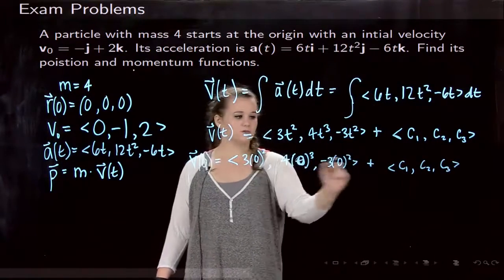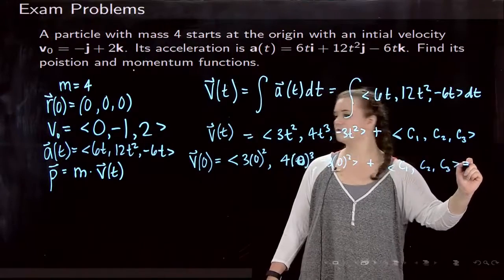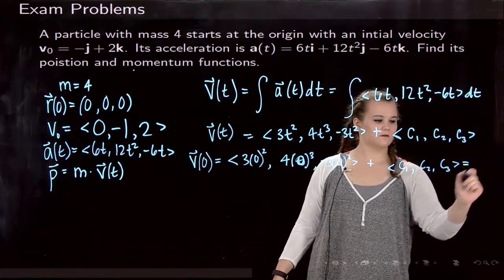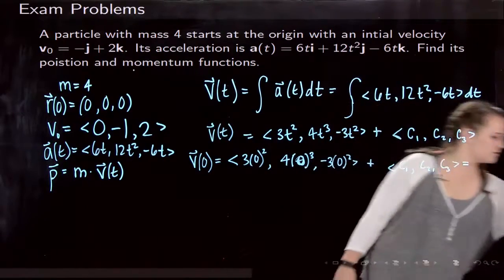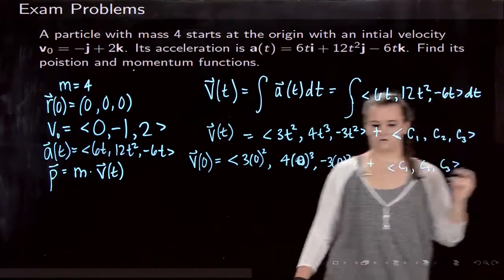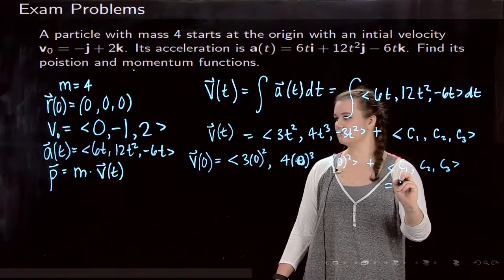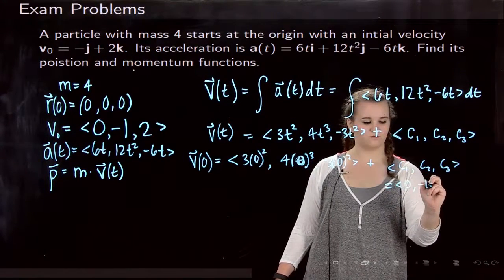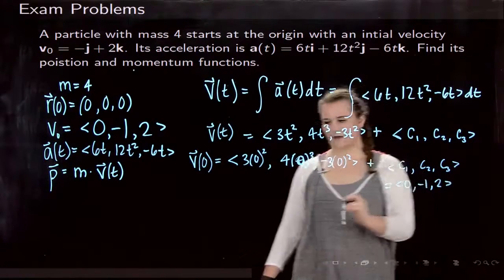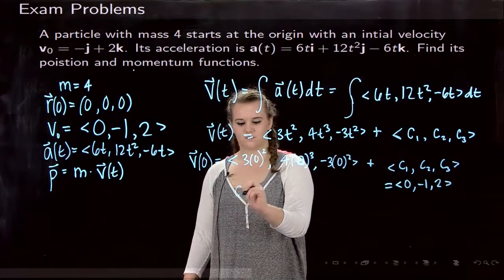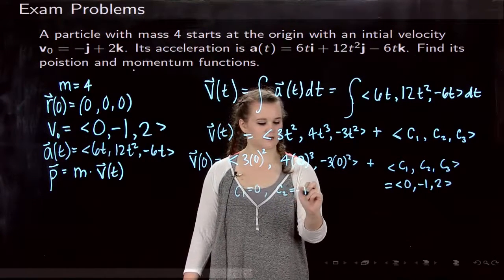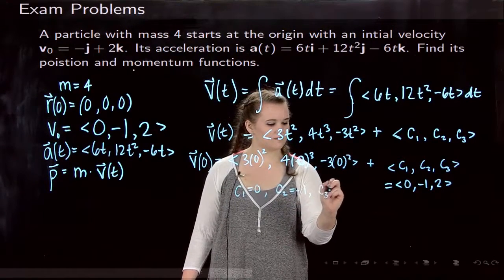But we also have our constants here. And this all is going to be equal to our initial velocity, which was 0, -1, 2. So because these are all 0, that means that we have C1 equal to 0, C2 equal to -1, and C3 equal to 2.